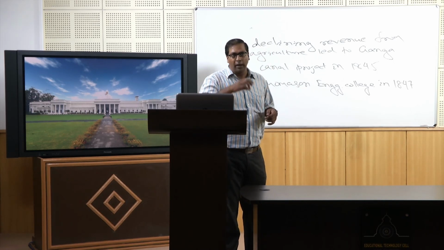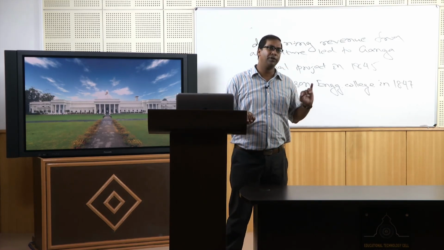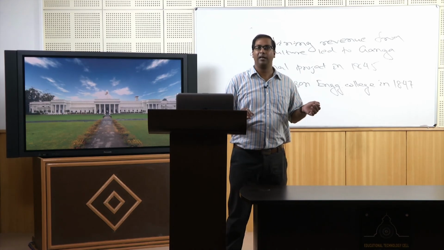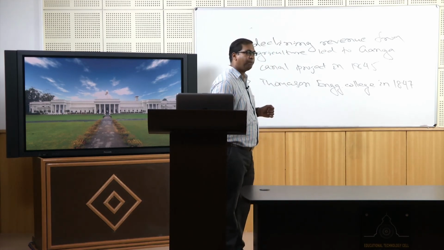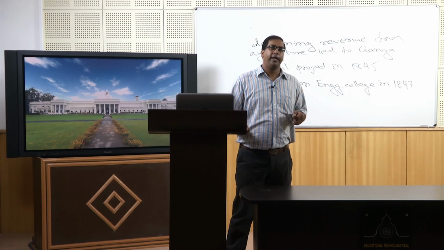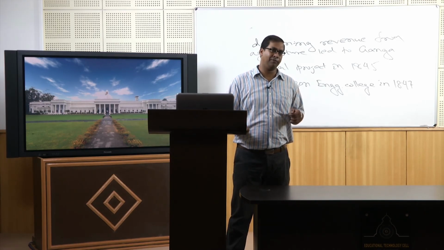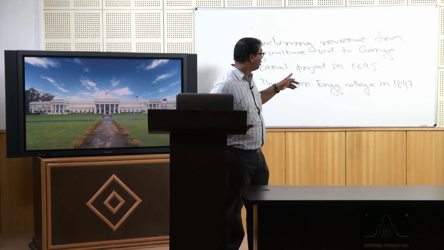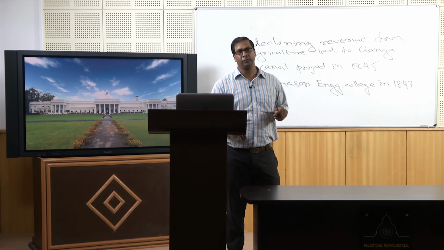Now, Britain did not have any canals, so they were not very familiar with canal engineering. Hence, Lieutenant Baird Smith established a civil engineering college in Roorkee in 1845, which was renamed Thomason Engineering College in 1847.